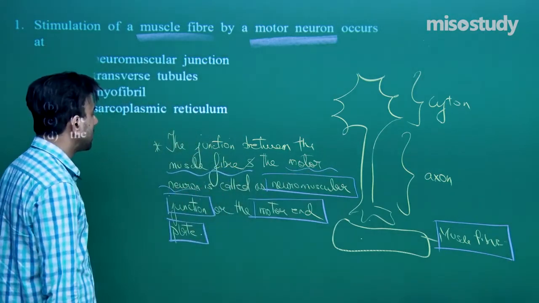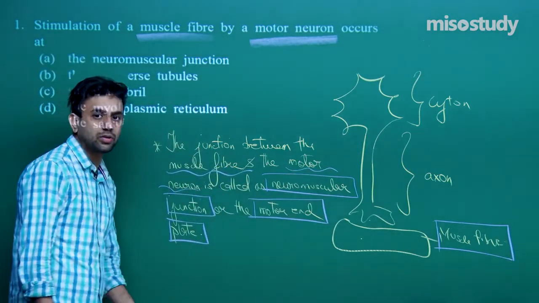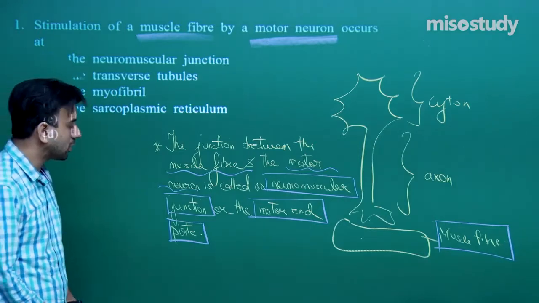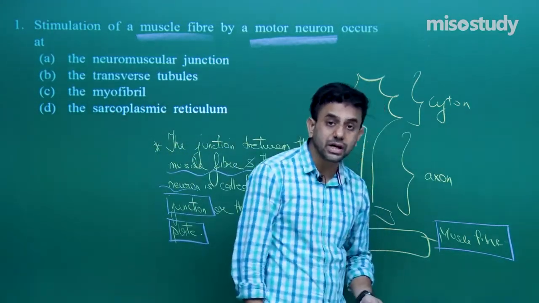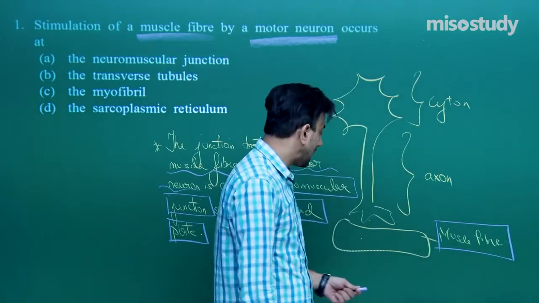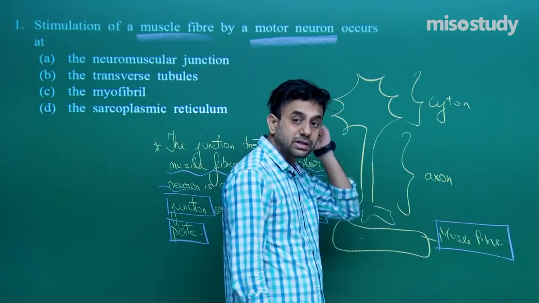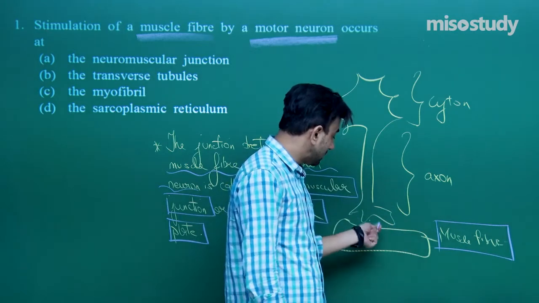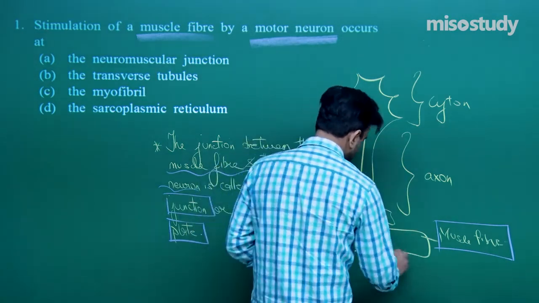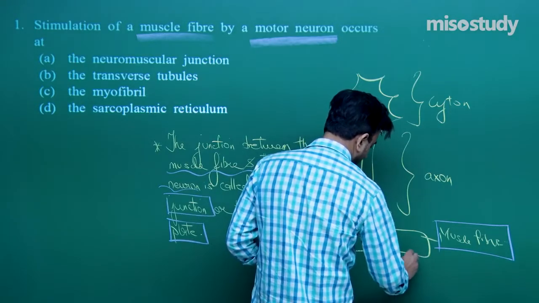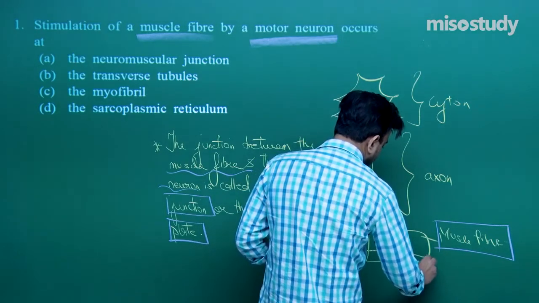So the junction between the muscle fiber and the motor neuron is called the neuromuscular junction, and the motor end plate. What we will see here is that there will be release of the chemical called acetylcholine at this space, which is called the synapse.